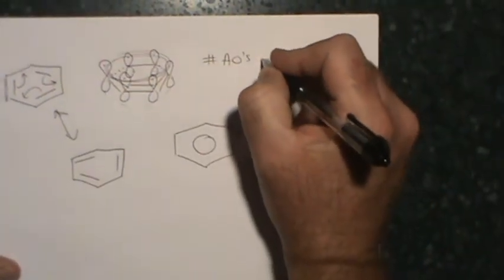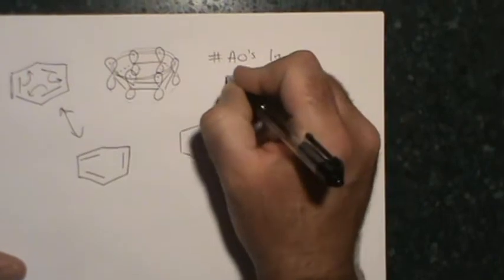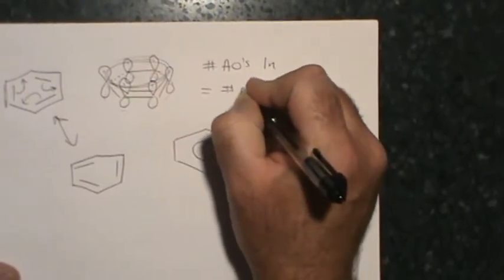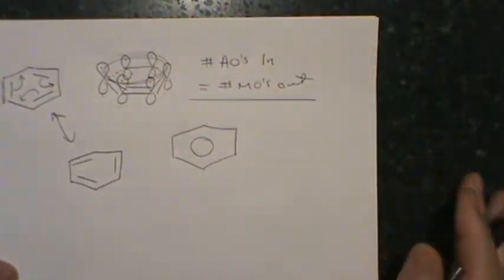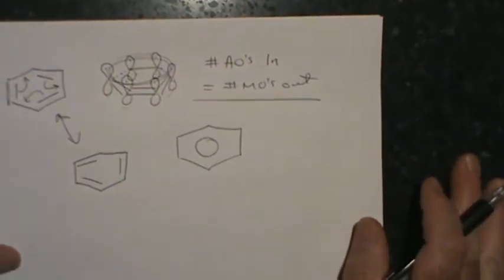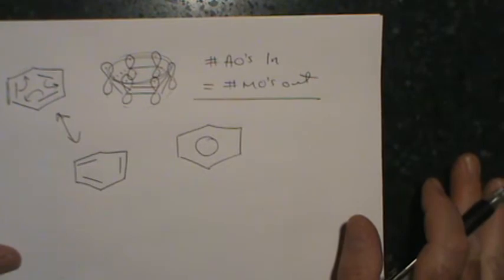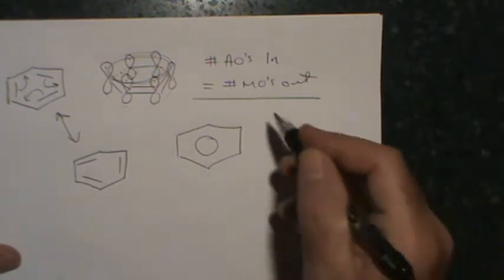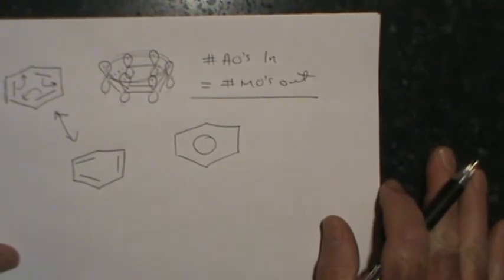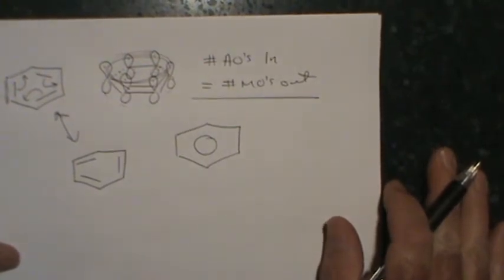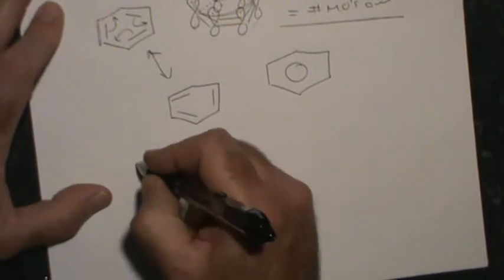Or in other words, the number of atomic orbitals in is always going to be equal to the number of molecular orbitals out. Molecular orbitals are prepared by combining atomic orbitals. So if you count up the total number of atomic orbitals, you can very quickly determine how many molecular orbitals you should be considering. Now we're talking about pi molecular orbitals here.